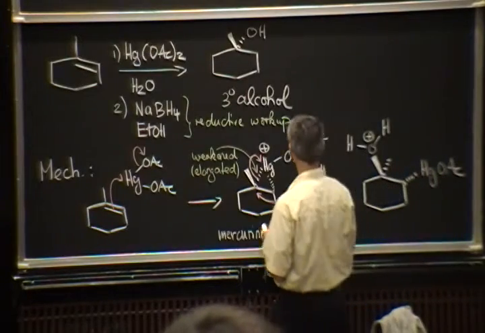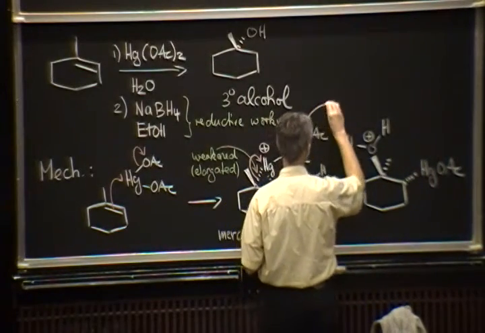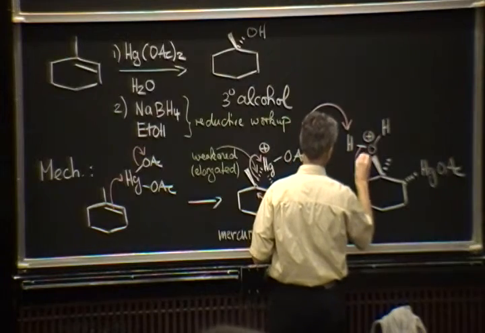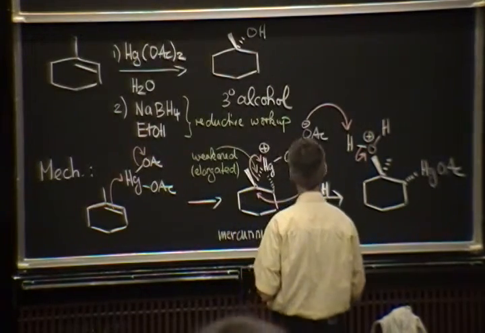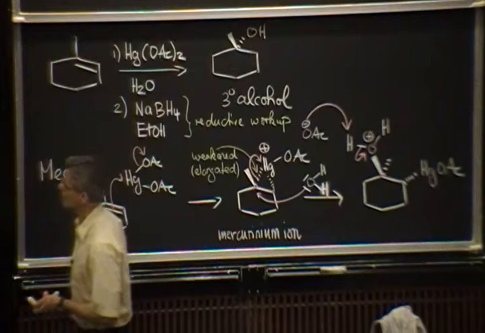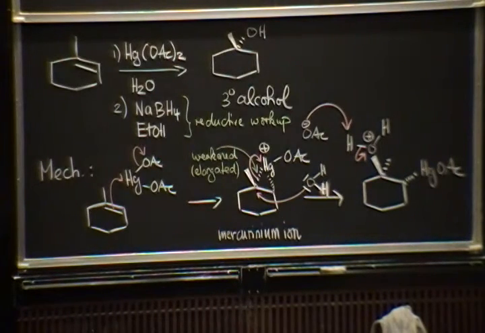And we have a positive charge on the water. I can use the negative charge on our acetate to compensate for that. And I'll continue with the mechanism on the board on the left.